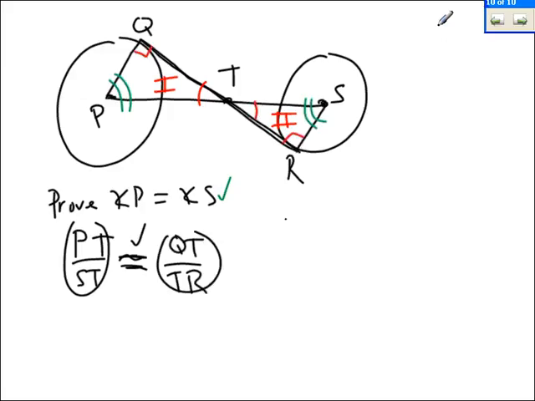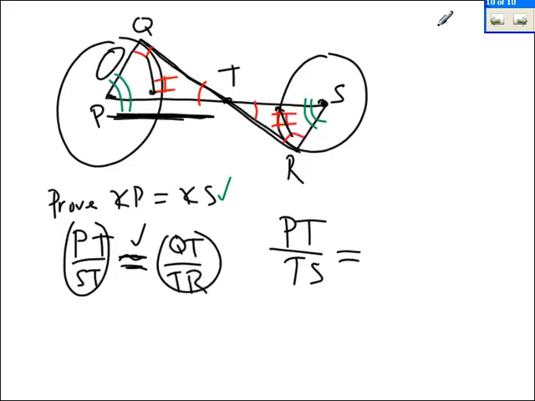Now, PT is this one. It's the hypotenuse, the one opposite the right angle, divided by the one opposite the right angle, TS, or ST. This is going to be the same as, now, we've used up PT. I can talk about PQ, QT. They're suggesting we talk about QT. Where is QT?